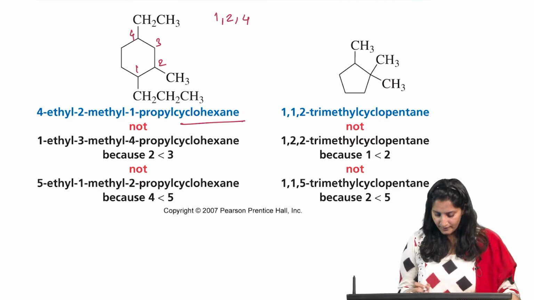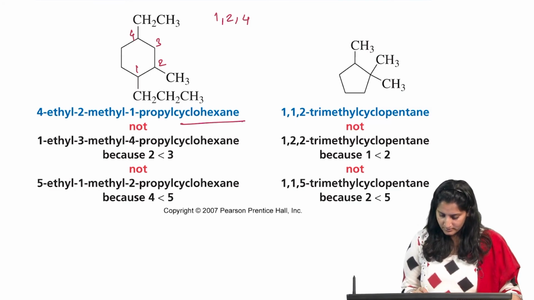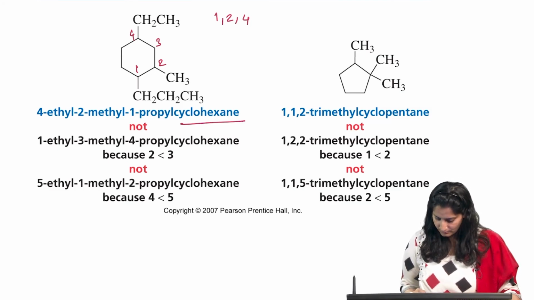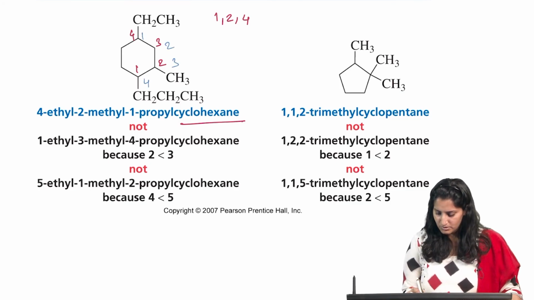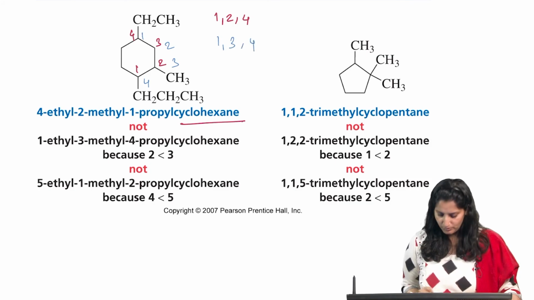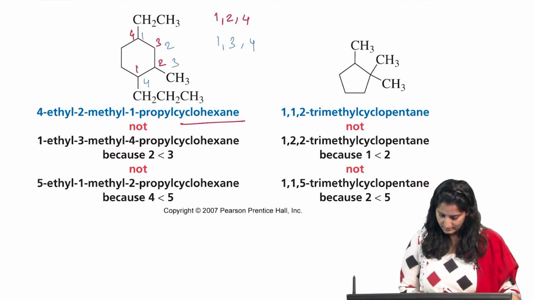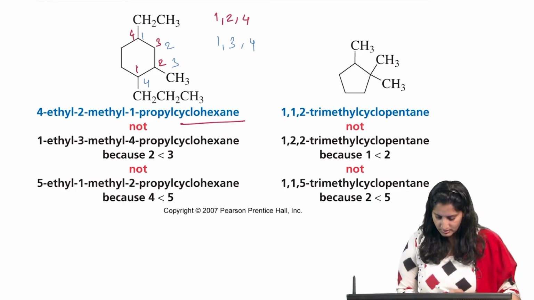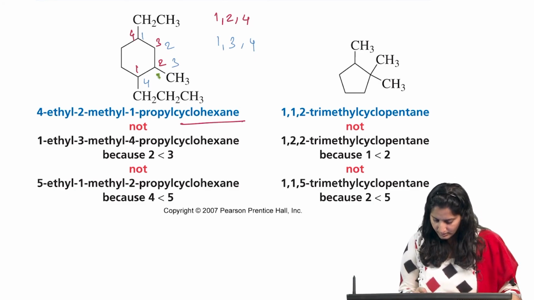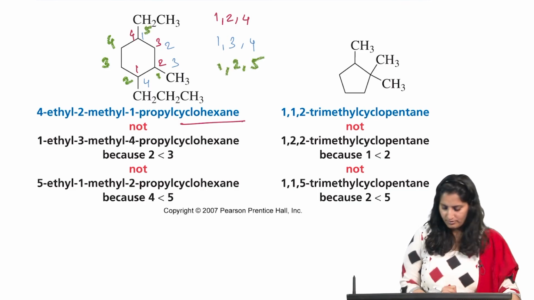In the case of if I start from this way, if I start from here, I can go 1, 2, 3, 4. So, that gives me 1, 3, 4, the blue one, or if I choose the green one, I can start by numbering here 1, 2, 3, 4, 5. So, this will be 1, 2, 5, right.